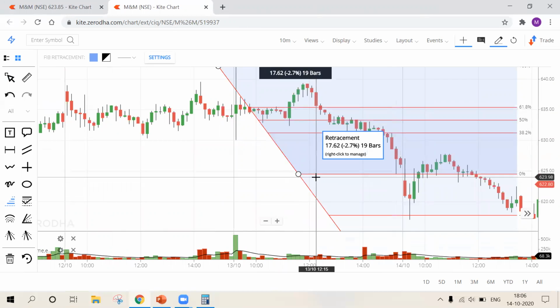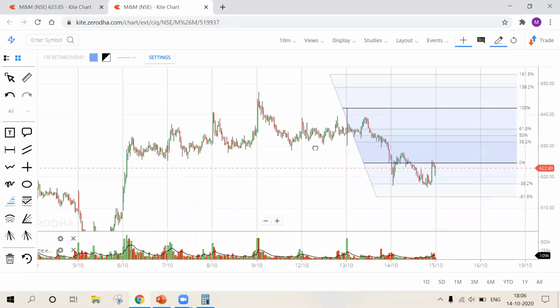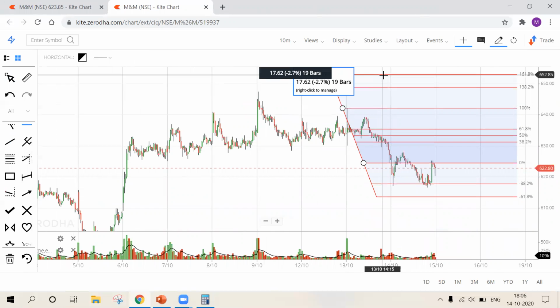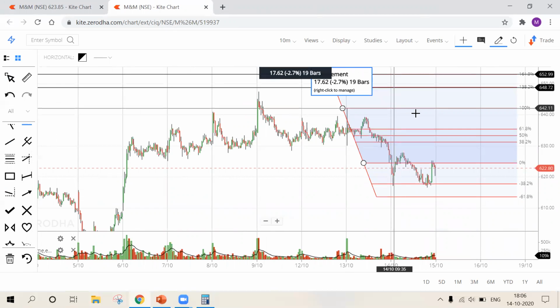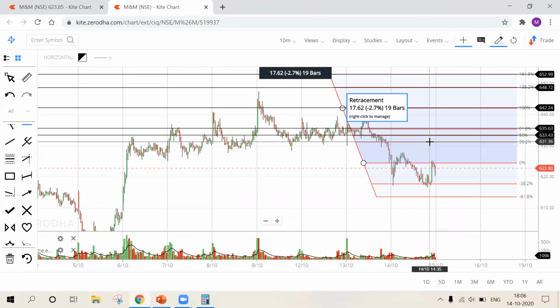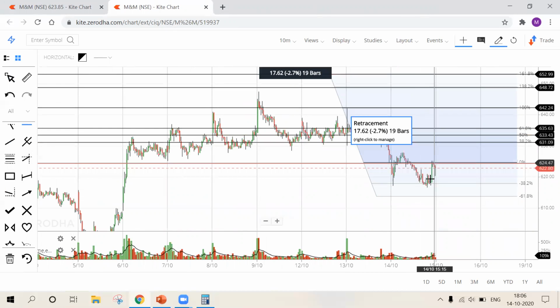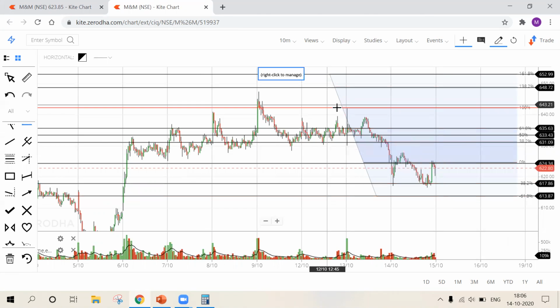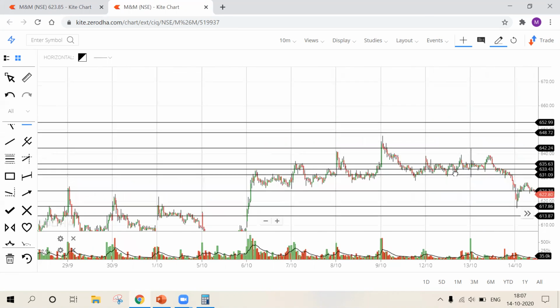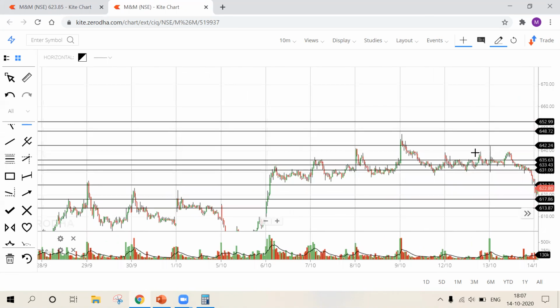Now zoom out and draw the levels using horizontal line. 1, 2, 3, 4, 5, 6, 7, 8, 9. Done. Delete. So first step is done. Now for second step, I'm analyzing yesterday's market to predict today's market.